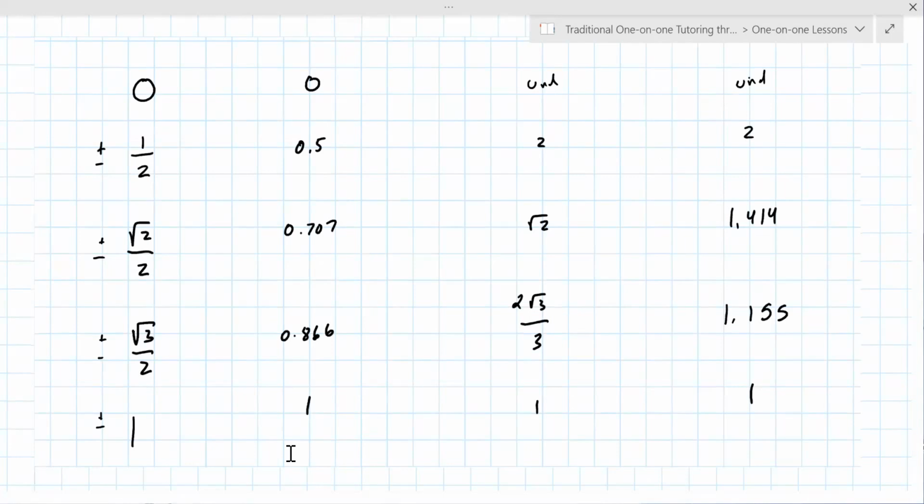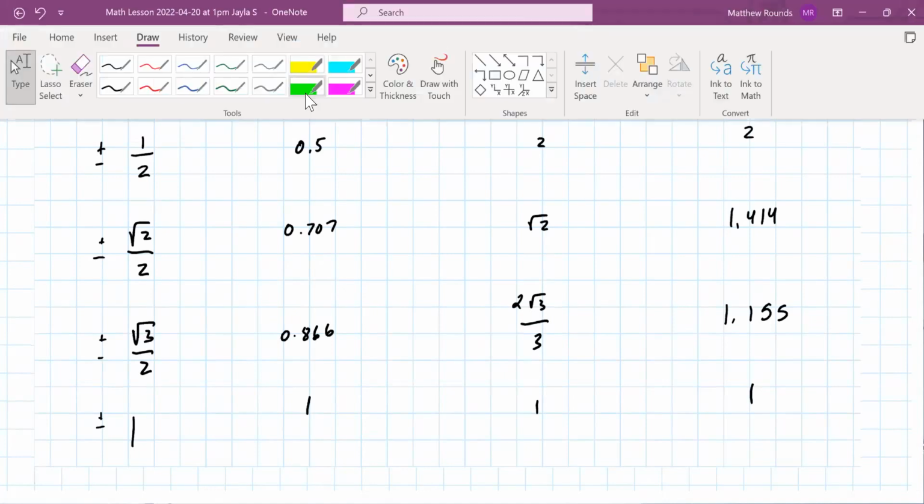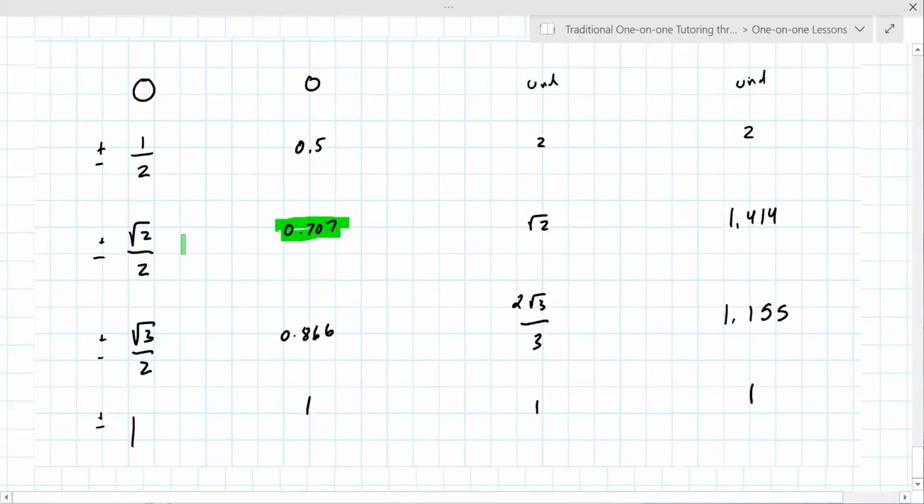You must have your mode in degrees instead of radians. 0.707. So do you see 0.707 here on this chart I made for you? That means it goes along with this on the left.